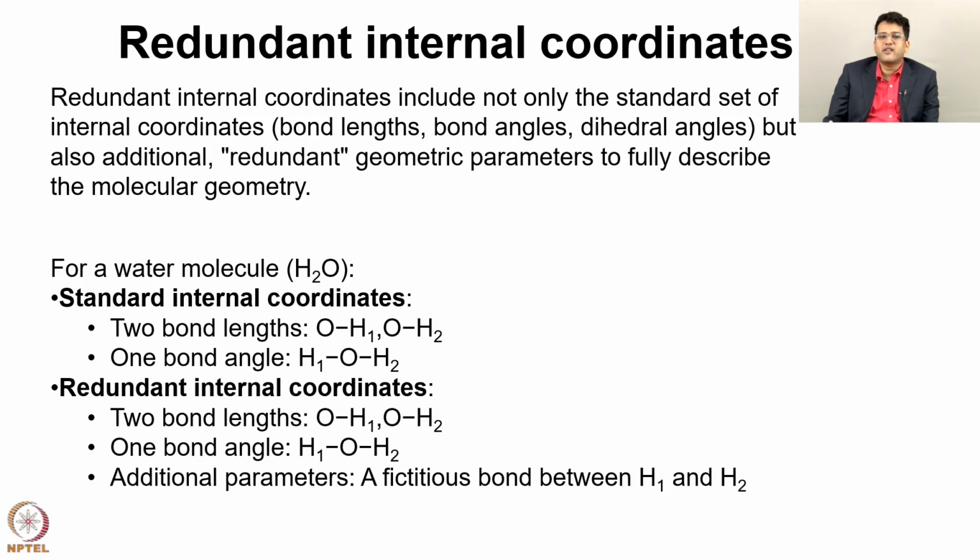But remember, in the redundant internal coordinates also, a part of it is defined in terms of internal coordinates. In most cases we give our geometry in XYZ or Cartesian coordinates. So the program automatically converts it from Cartesian to internal coordinates, and also adds the redundant coordinates. This conversion actually requires taking the inverse of a large matrix.